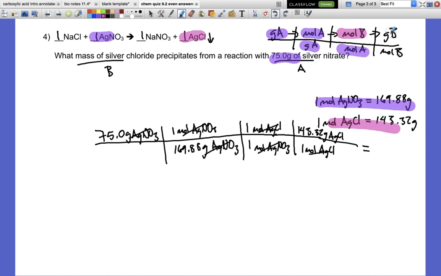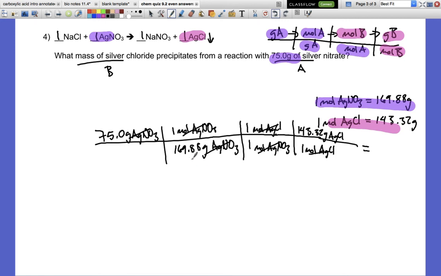And like I said, I'm just modeling. I'm going to do the same kinds of things every time. So even if you weren't sure what goes there, you should be able to figure it out pretty quickly. I had a molar mass that I divided, a ratio, and then a molar mass where I'm multiplying. And I should be able to get an answer here, 75 times 143.32, and then divide by 169.88.